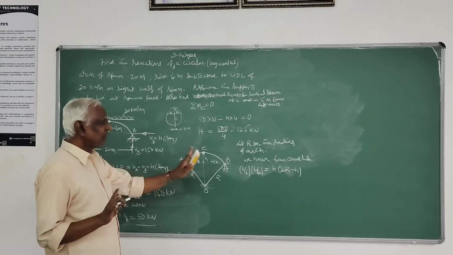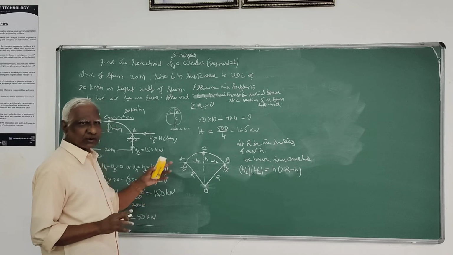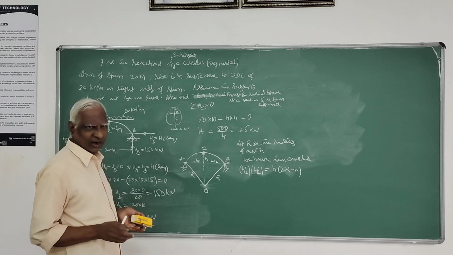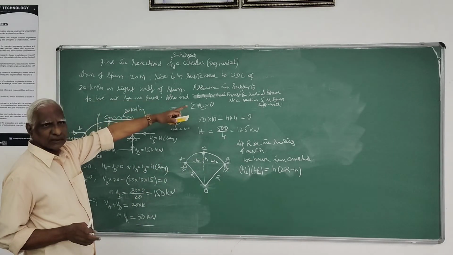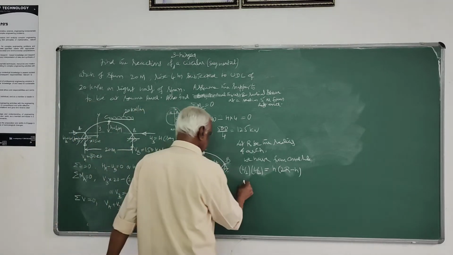This is the equation for finding R. This you have to remember. Only this is the change in case of analysis of circular arch, for finding bending moment, normal thrust, radial shear at any section. So first find this.